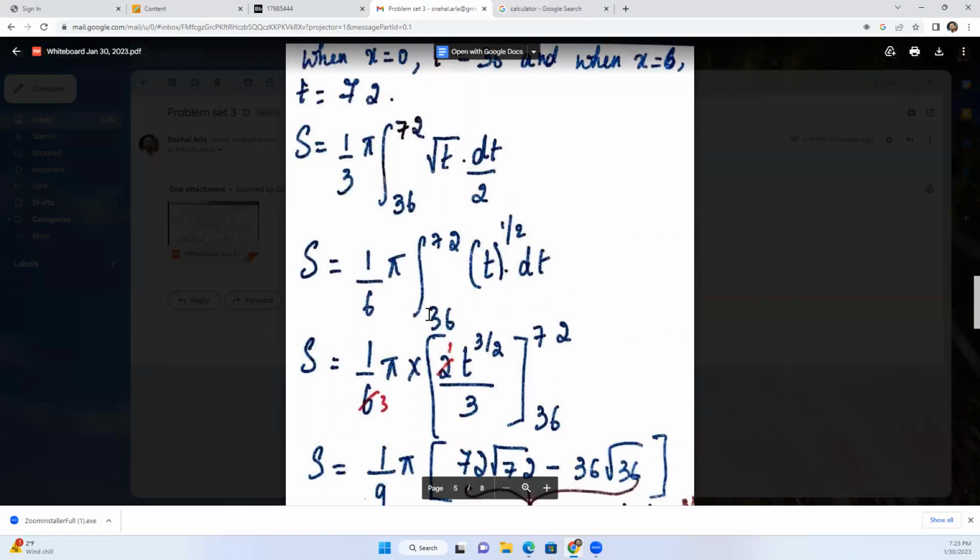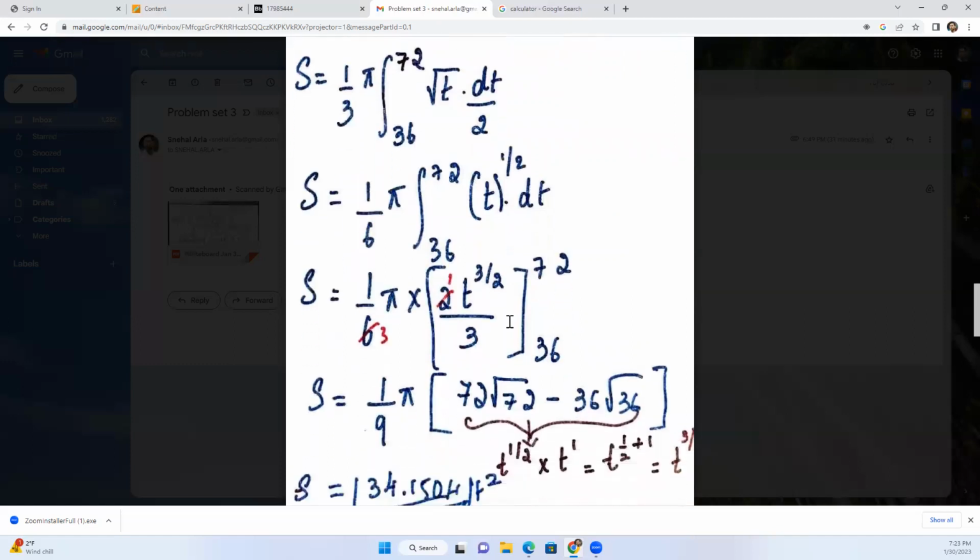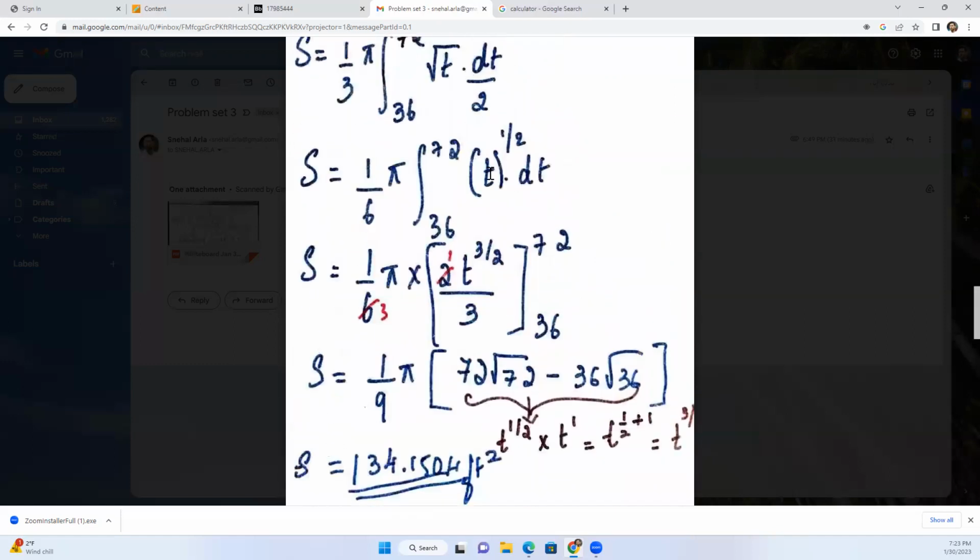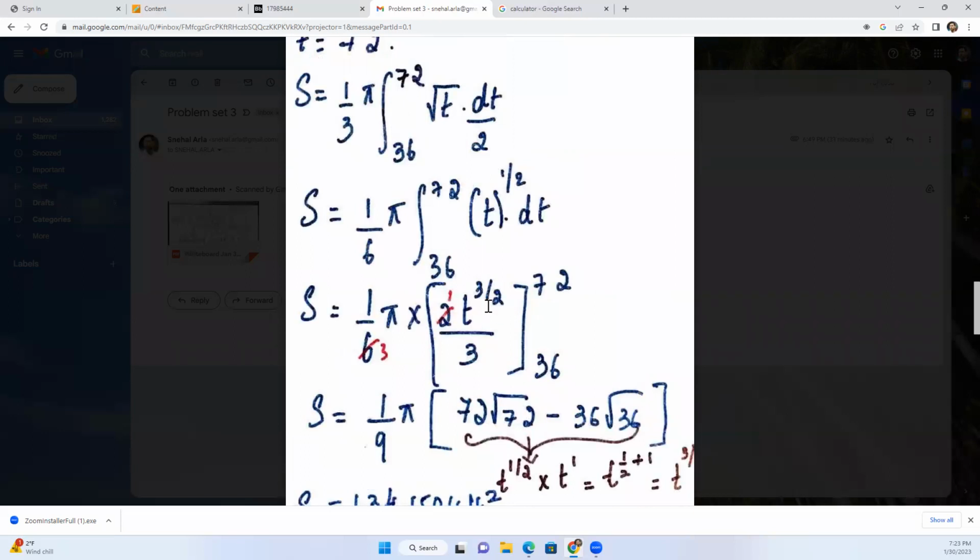So we have 1/6 pi times the integral from 36 to 72 of the square root of t, and integrating the square root gives t to the power 3/2 over 3/2.